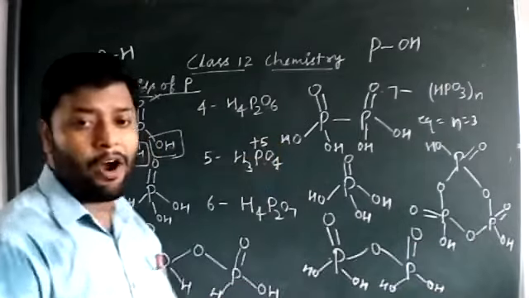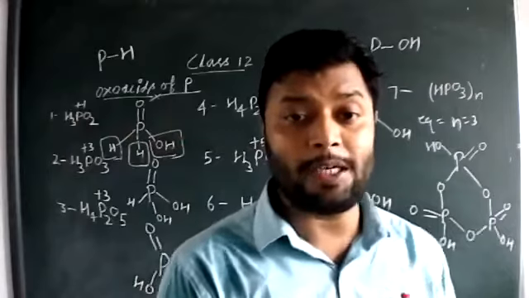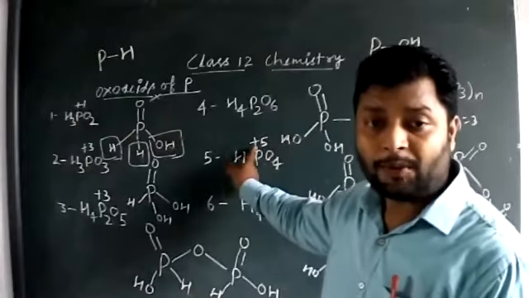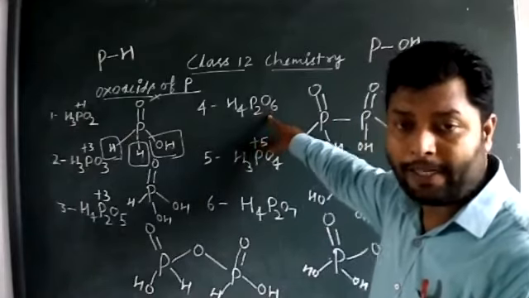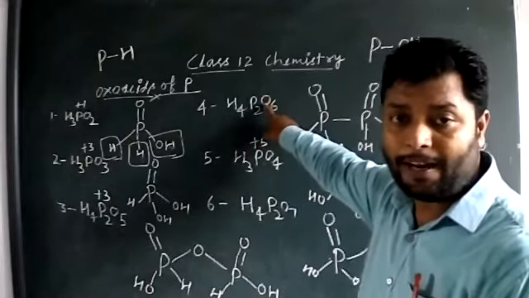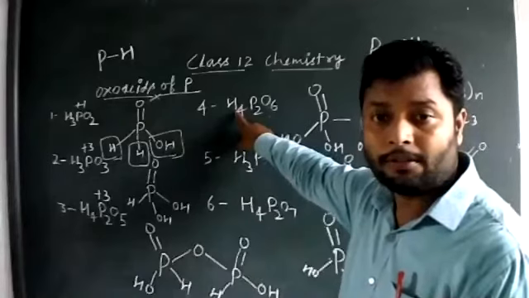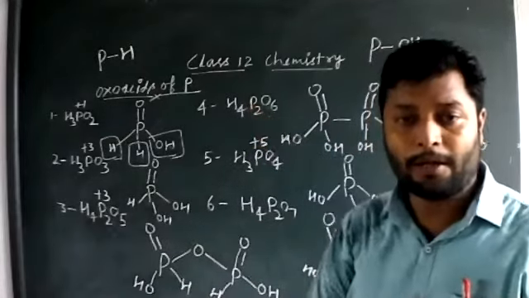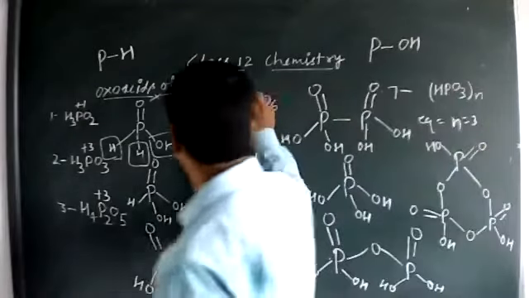The maximum oxidation number of phosphorus is actually +5. So in phosphoric acid, +5. Here also you can calculate: 6 2s are 12, 12, 4, 8. So the oxidation number will be +4.